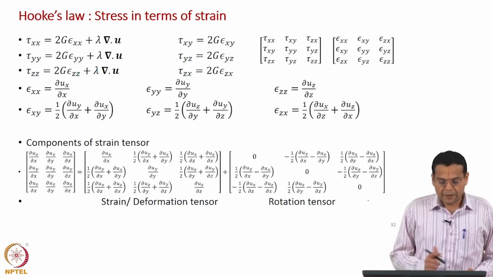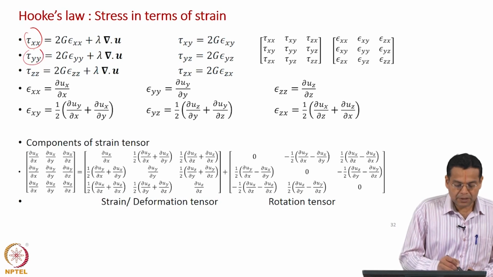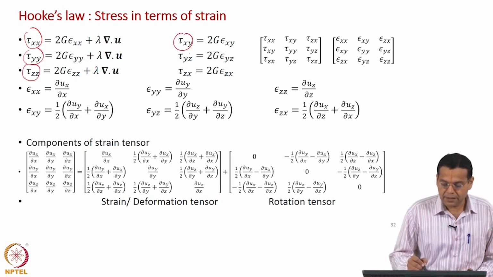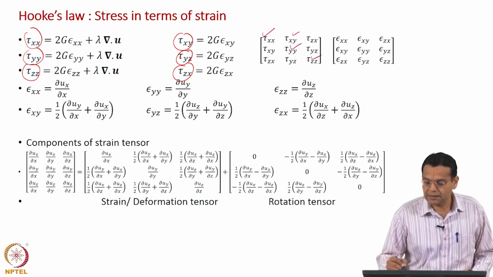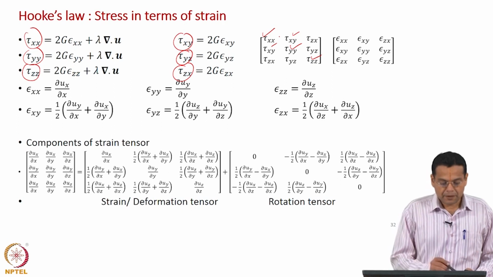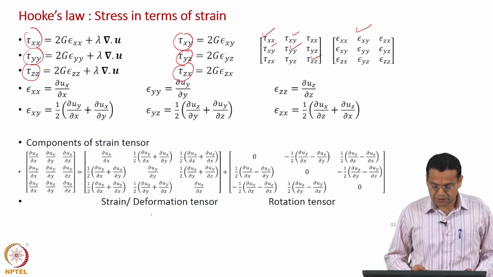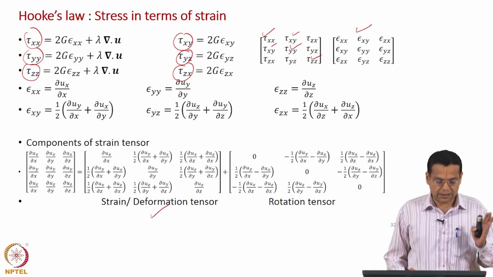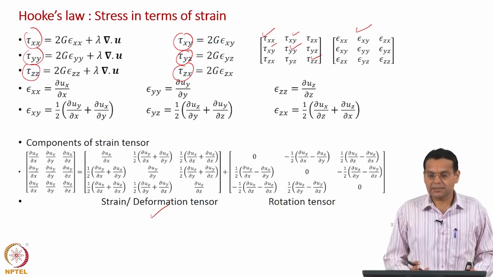On the left hand side we have all the components of the stress tensor, the normal stresses and the shear stresses. On the right hand side you have only components of the strain tensor, not the displacement gradient tensor, not the rotation tensor.